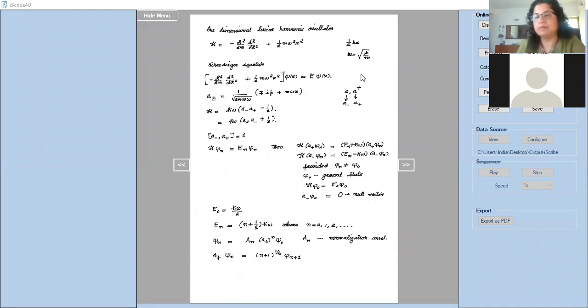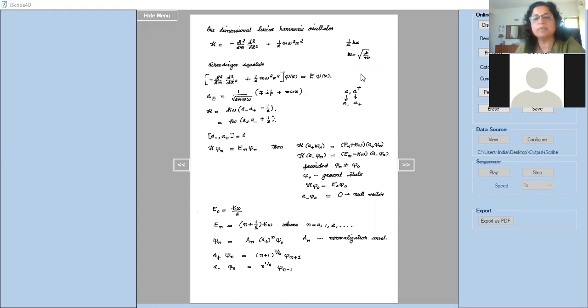So I would request you to try and commit this to memory. This is very important. What else? Your A minus acting on psi n will actually give you n to the power of half, and here you will get psi n minus 1.